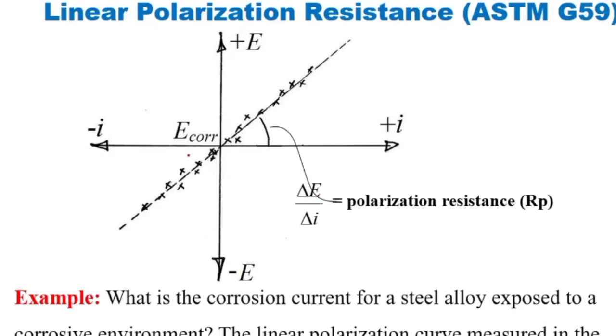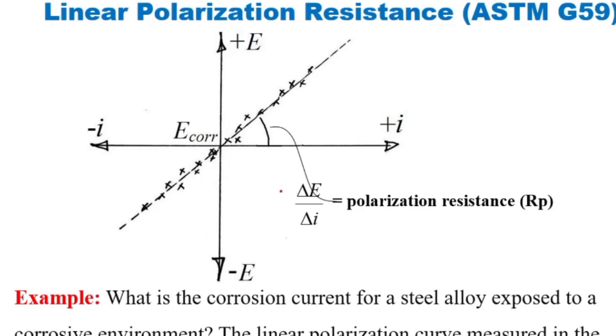So now let's digest the linear polarization resistance from the linear polarization. We have a linear line which you plot, the current density against the potential. We are supposed to find the polarization resistance, which will help us find the I corr.